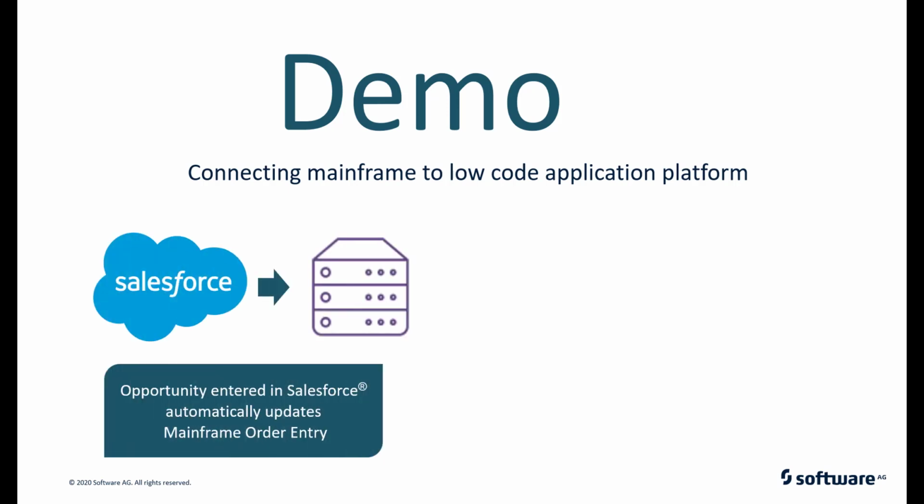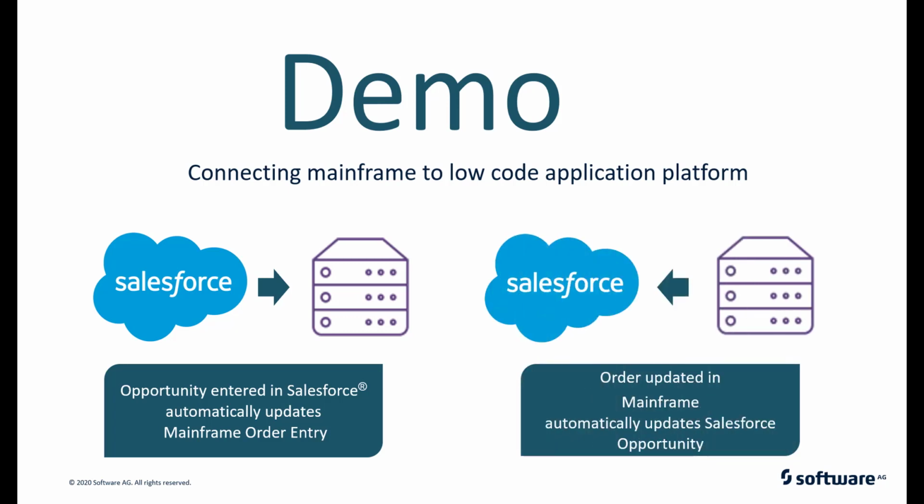The first thing that we're going to do is integrate Salesforce with a back-end order entry system on the mainframe. An opportunity entered in Salesforce will automatically update the mainframe order entry system. Subsequently, when that order gets updated in the mainframe, it will automatically update the Salesforce opportunity.